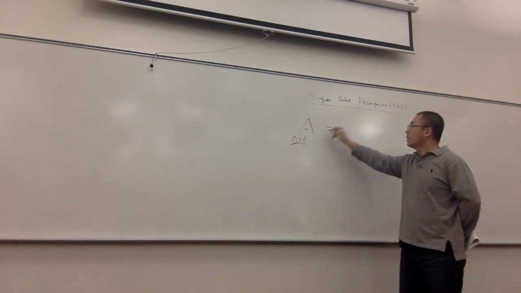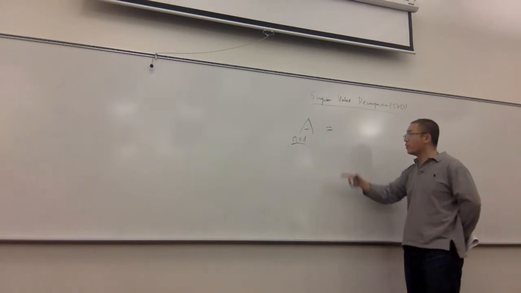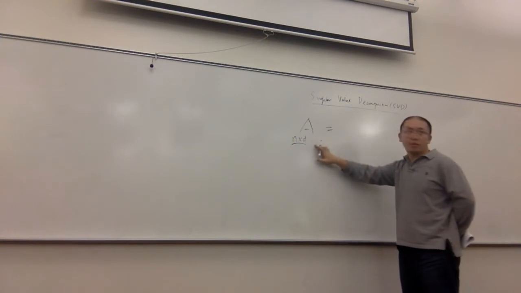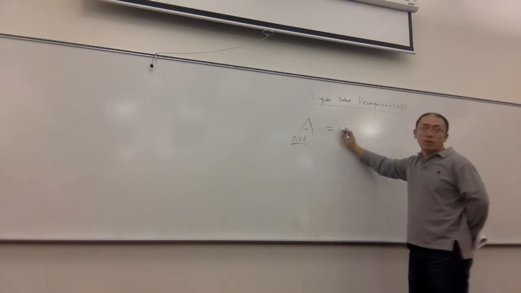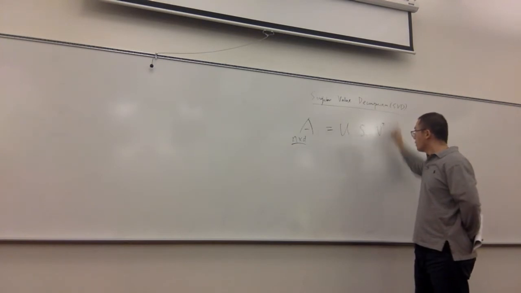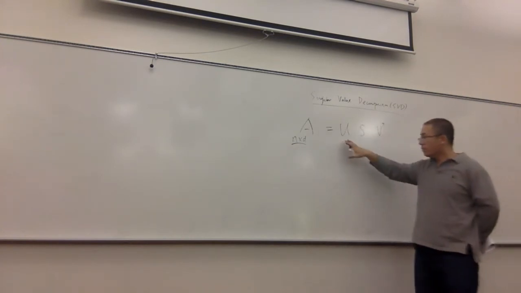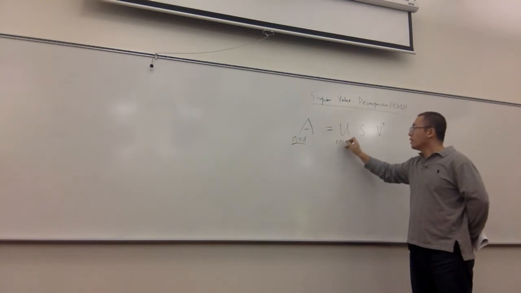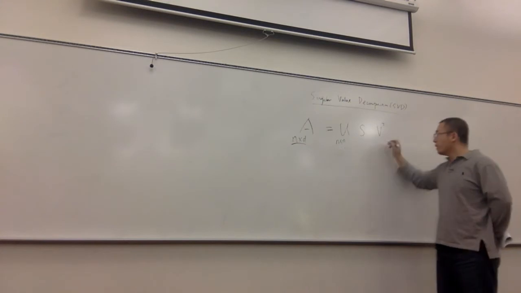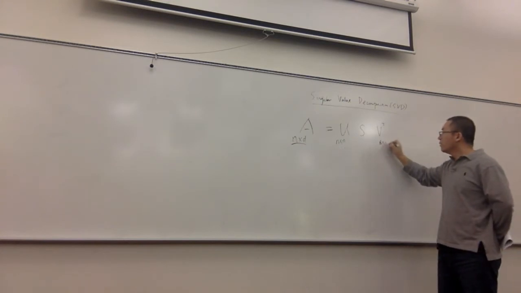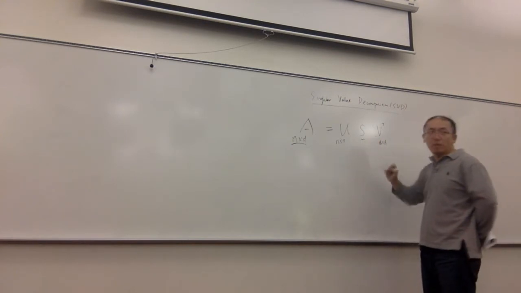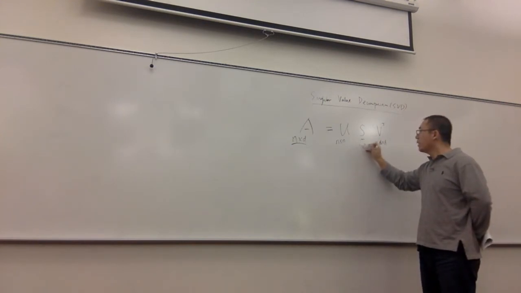So here's the general form: we can decompose an arbitrary n by d matrix into the product of three matrices, U, S, and the transpose of V. Here, U is an n by n orthogonal matrix, V is a d by d orthogonal matrix, and S is kind of special. It is an n by d diagonal matrix.